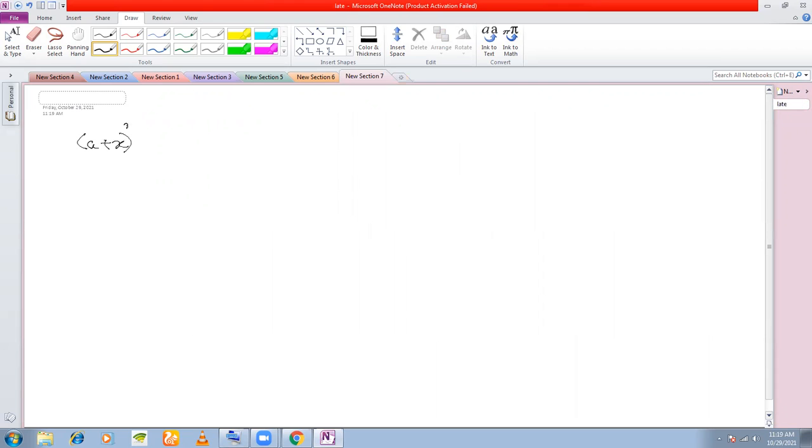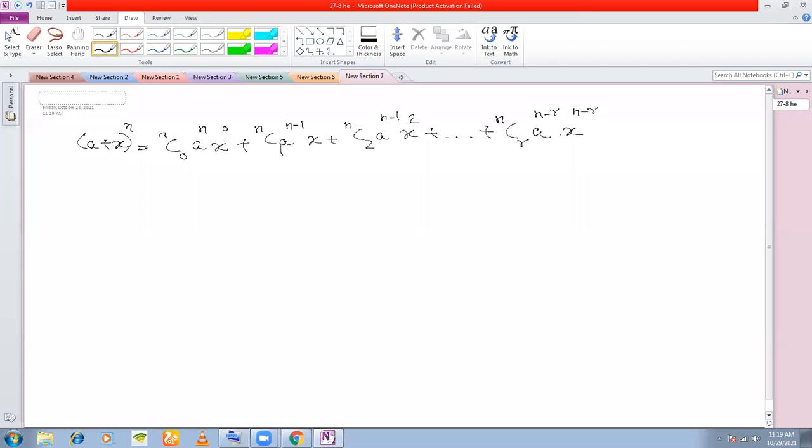A plus X to the power of N expansion, I've already mentioned this to you, is NC0 a to the power of N X to the power of 0 plus NC1 a to the power of N minus 1 X plus NC2 a to the power of N minus 2 X square plus up till NCR a to the power of N minus R X to the power of R, plus, and then finally you have the last term, the nth term, NCN a to the power of 0 X to the power of N. Okay, this is the entire binomial expression.